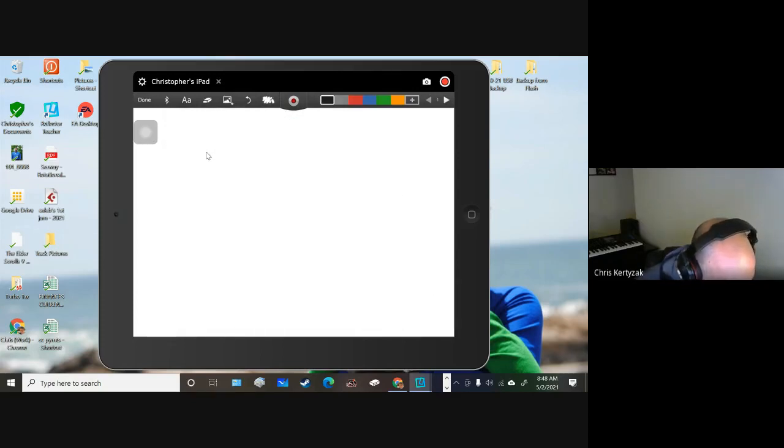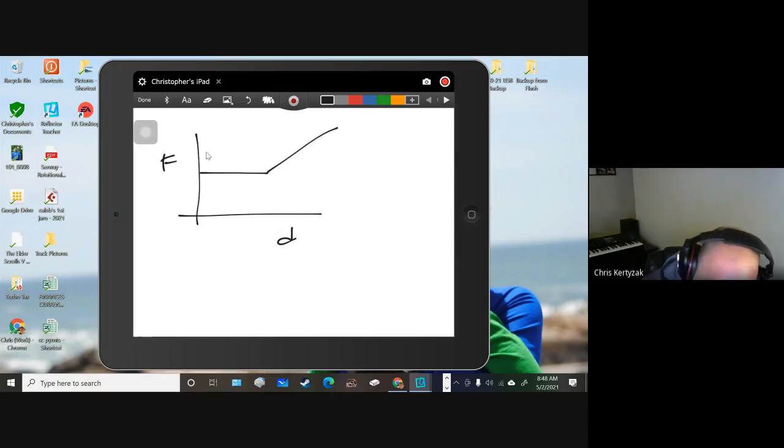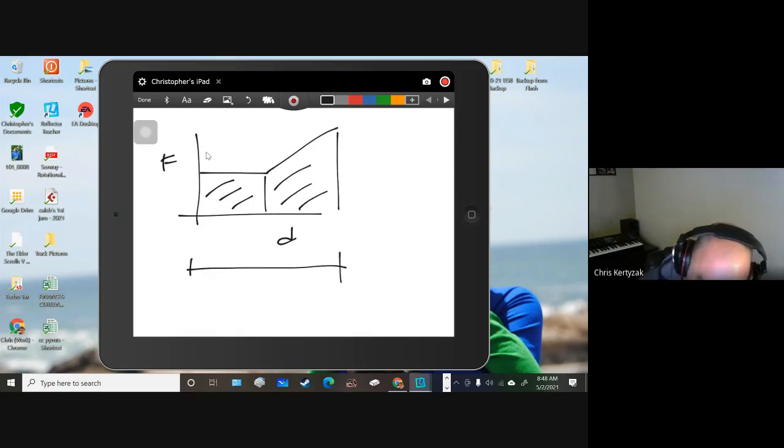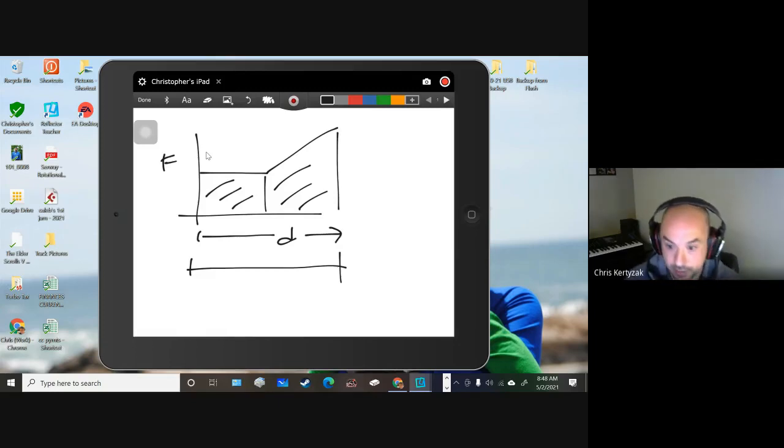Remember that work is expressed as an area, right? So if they show you a force versus distance graph, then these geometrical shapes, as it moves from one spot to another spot, d is the distance it's moved, right?